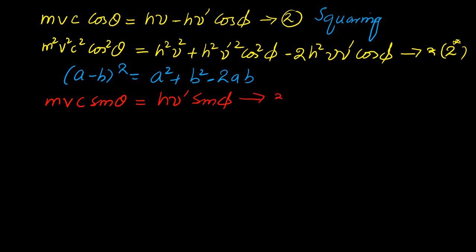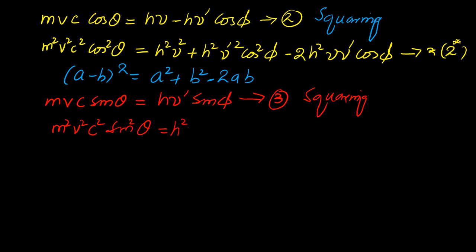Now, dear student, squaring equation number 3, we get a new equation as m square v square c square sine square of theta is equal to h square nu prime square sine square of phi, and suppose that this is equation number 3 star.